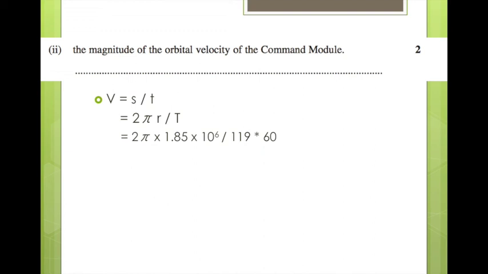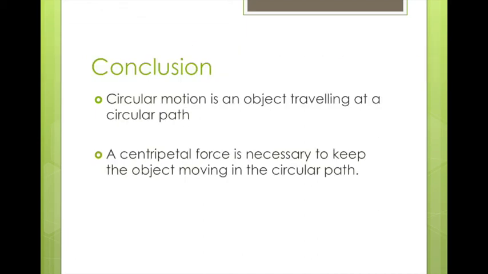So 2 pi times 1.85 times 10 to the power of 6 divided by 119. And this is a tricky part because we need to convert minutes into seconds in order to finish this question. So we need to divide by 60 at the end. So we got the velocity is approximately 1628 meters per second.